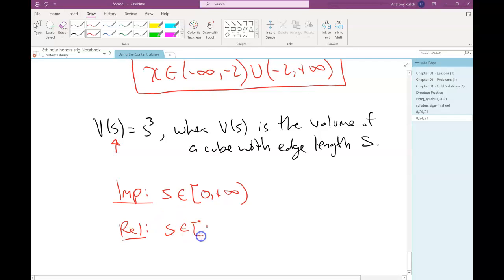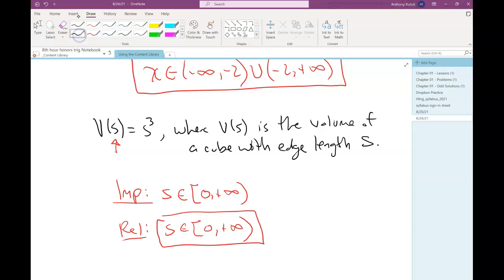The relevant domain just has to be the same as the implied domain, because I don't lose anything from the operations involved. So this was one where if I ignored the context and just looked at the problem, you would have written down the wrong relevant domain. You know what I mean? We get the implied domain idea, though, just using common sense based on the problem. If there's no context, it's just all real numbers.